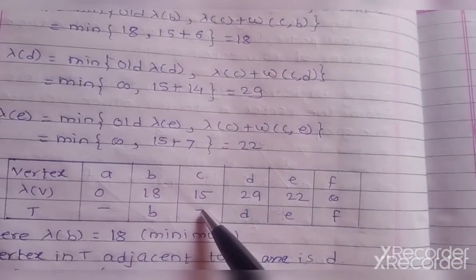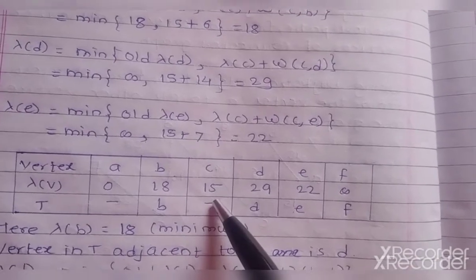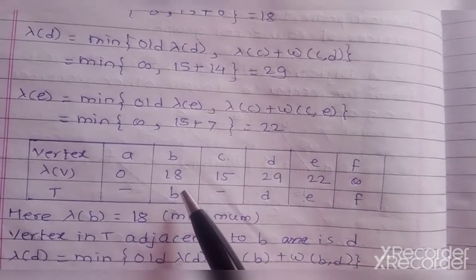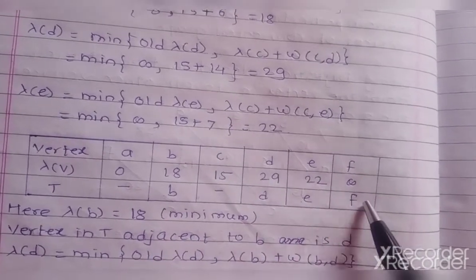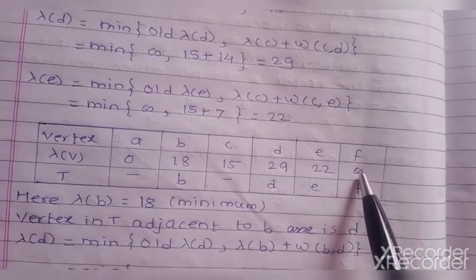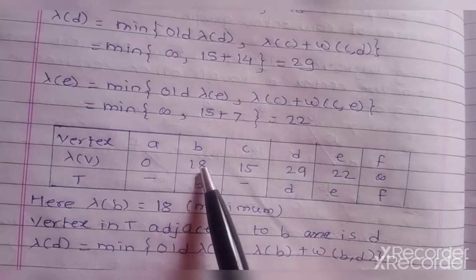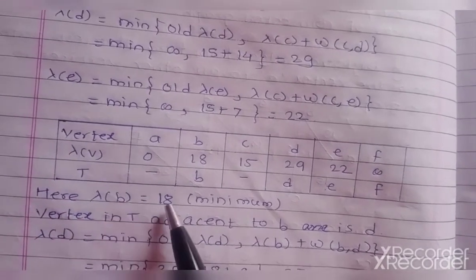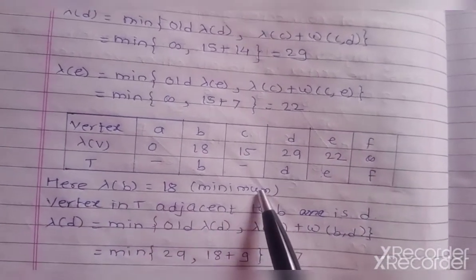C is also a permanent vertex, so it remains to check the minimum among B, D, E and F. Among 18, 29, 22 and infinity, 18 is the minimum. So lambda of B equal to 18 is the minimum.